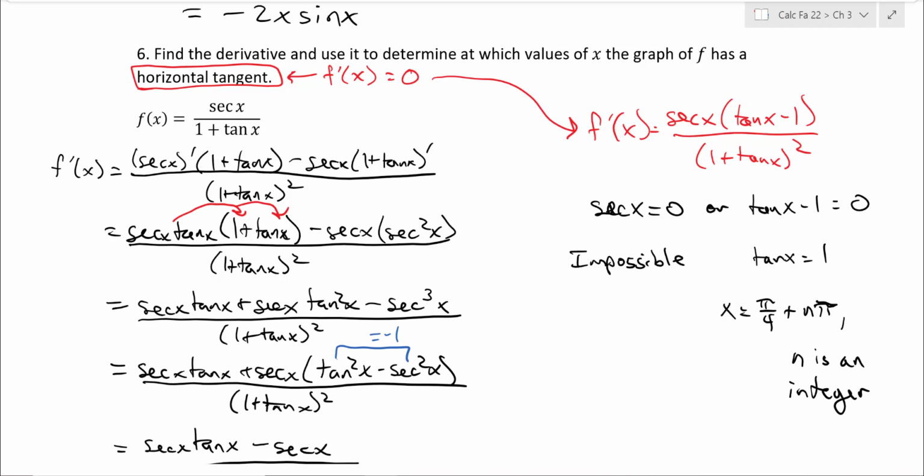All right, so those quadrant 1 and 3 multiples of pi over 4 will give us a positive 1 for tangent, which makes our derivative 0, which means we've got a horizontal tangent on our original function. All right, so practice some of those, and then we'll do 3-4 together in class next week.